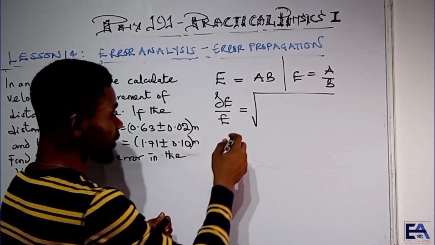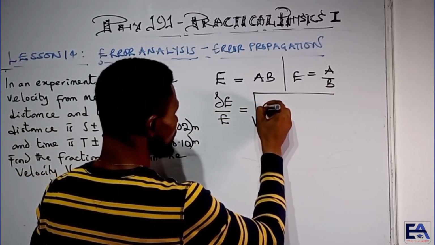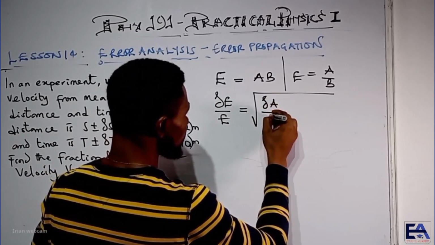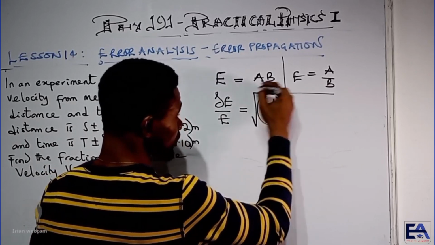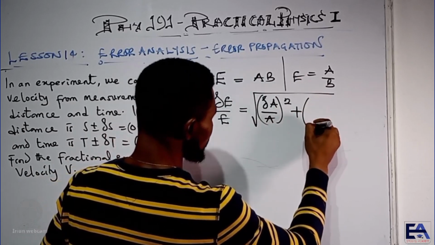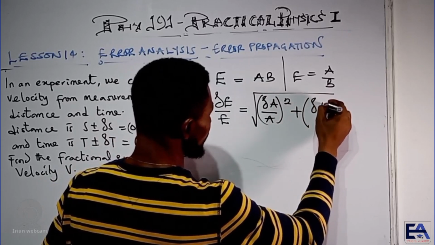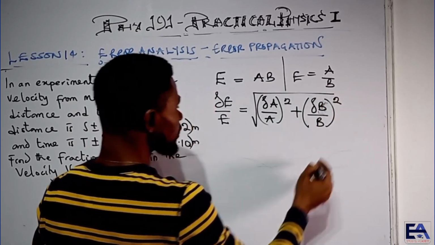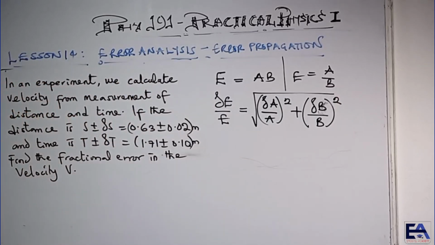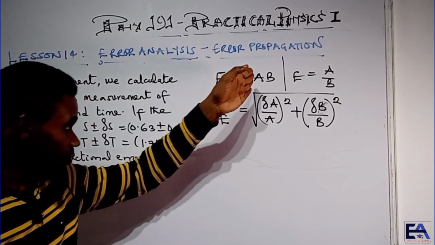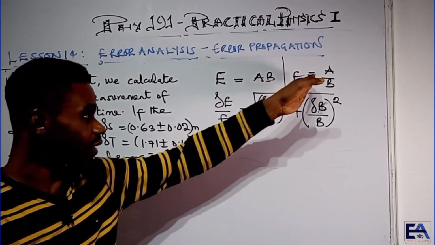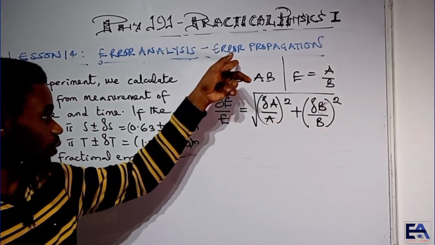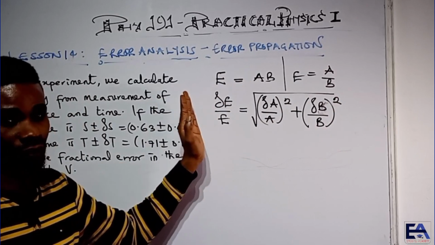So the fractional error in E is equal to the square root of the fractional error in A, squared, plus the fractional error in B, all squared. This is the formula you would apply. It works whether A and B are multiplying or dividing. The same formula applies, and the subject of the formula is the only thing that escapes from the square.